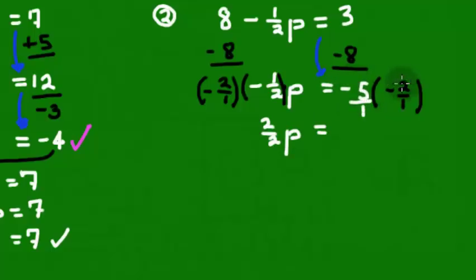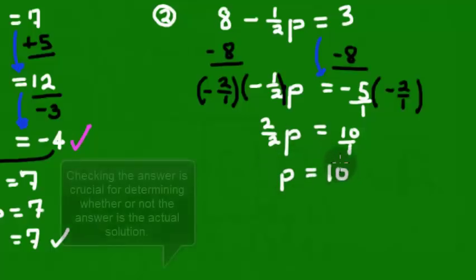Again, you multiply straight across with fractions, so you're going to get positive 10. All right, so let's just clean up the left side. 2 divided by 2 is 1, or just 1p. And 10 over 1 is 10.